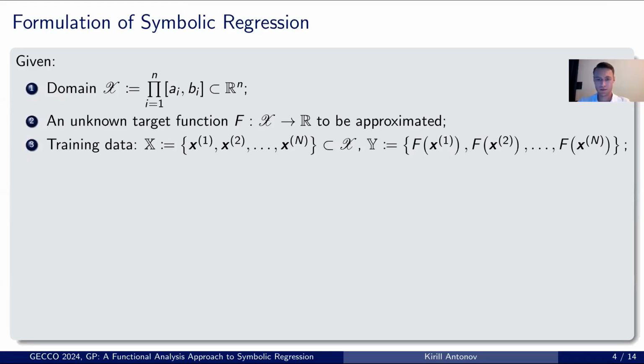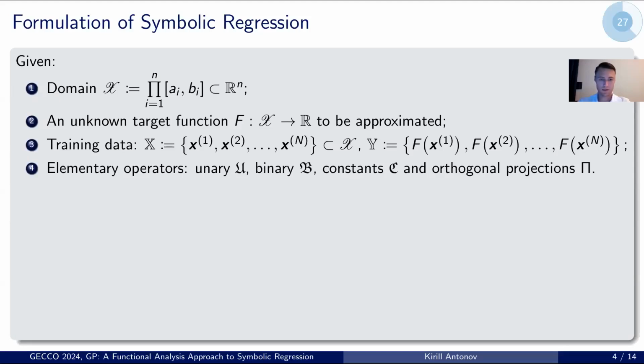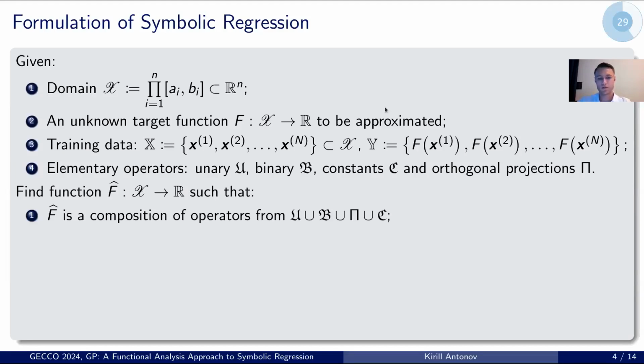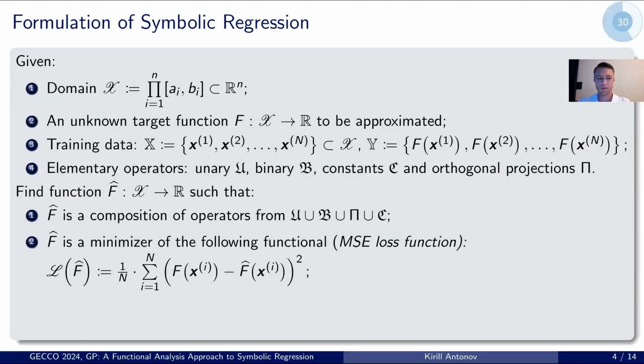For now, we only consider finite dimensional cases, finite n's, and elementary operators that can be unary, binary, constants, and orthogonal projections that are used when the value n is bigger than 1. The goal of symbolic regression is to find such a function f hat that consists of compositions of these elementary operators and minimizes the defined loss function. In our work, we just considered the MSE loss function.